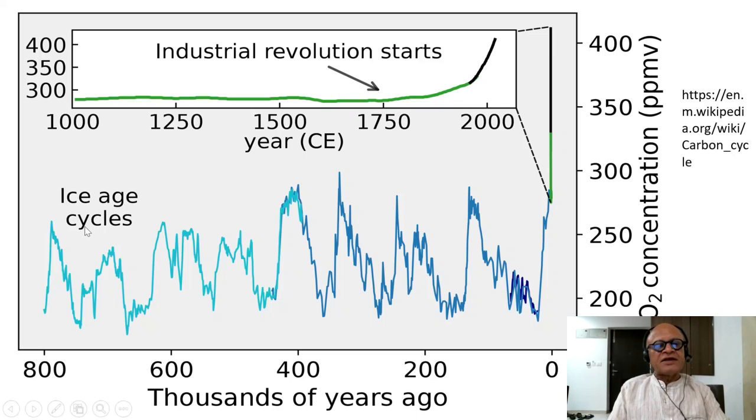The nice long record from the Vostok ice cores in Antarctica and shorter ones from Greenland and elsewhere keep adding to our knowledge. This one was originally about 400,000 years. Now it's been extended back to 800,000 years, where we have glacial, deglacial cycles.